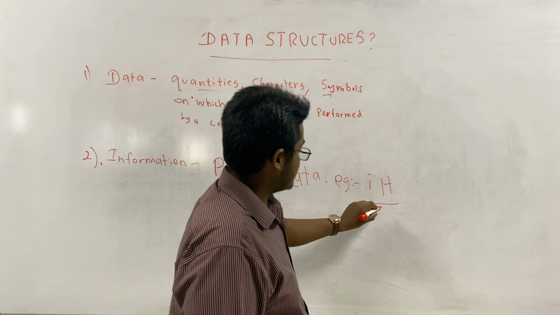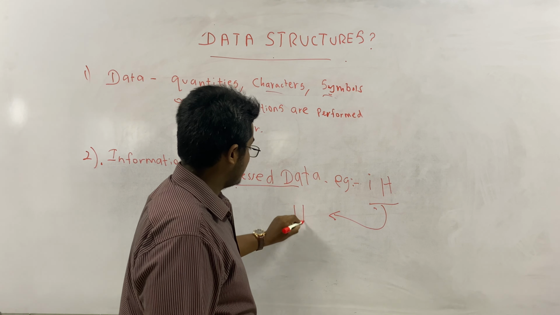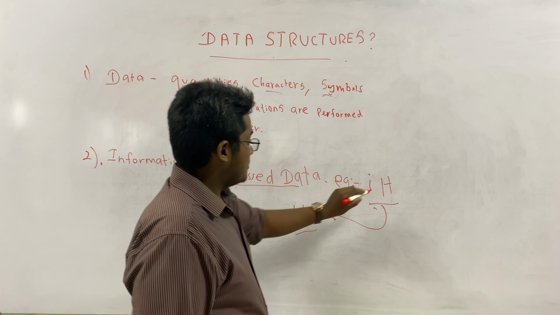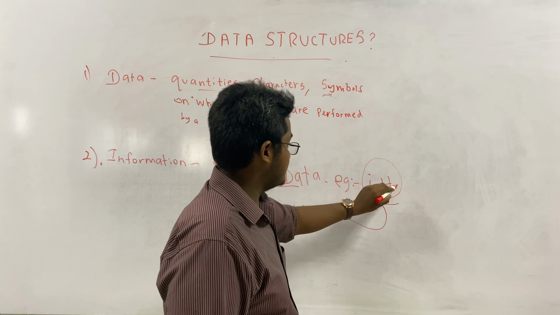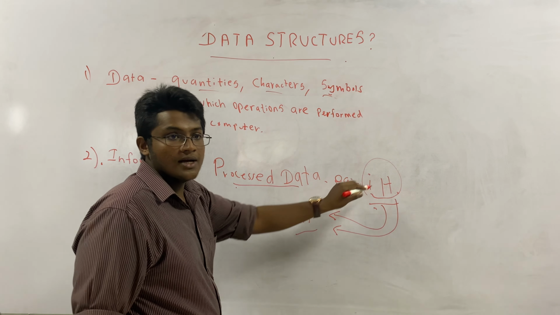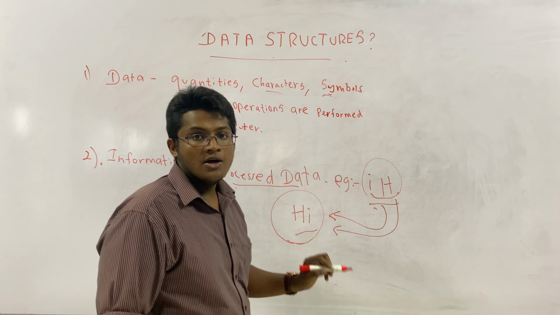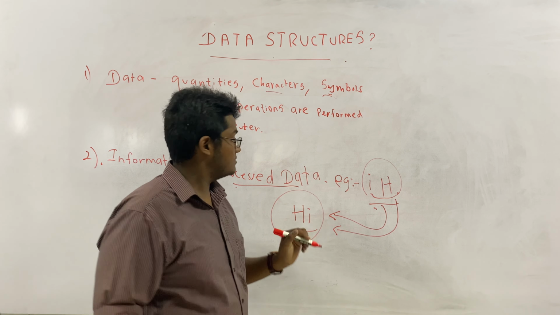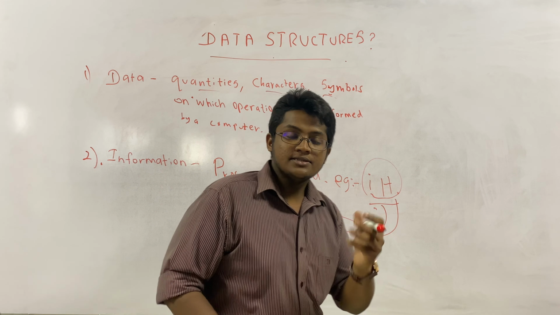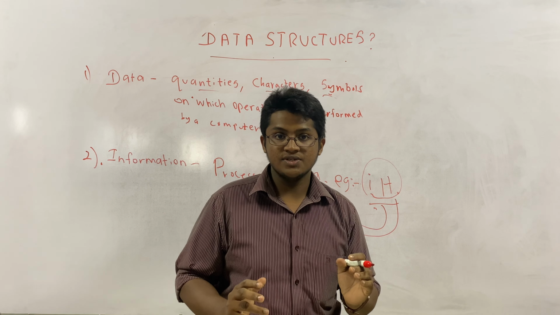So, if I process this, you can see, hi, process data. This is data. This is processing. After I process this data, it becomes information. This is simply what is meant by information. So now I think that you will get a better idea about what is data and what is information.